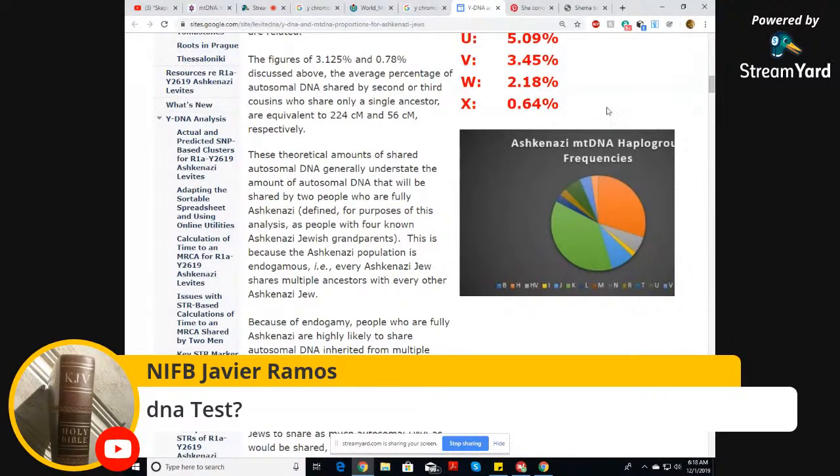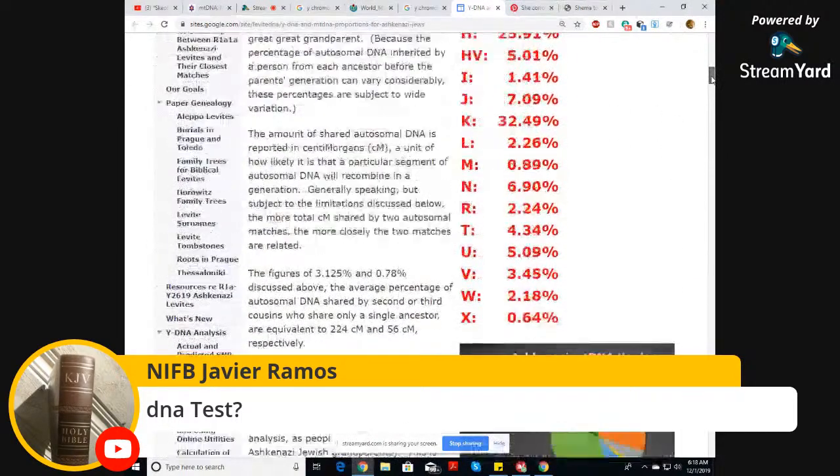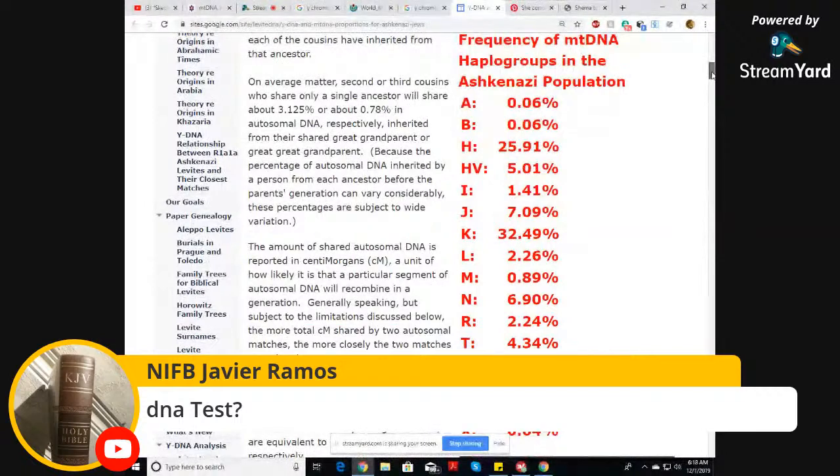Anyway, maybe it's right here. Okay, the K, the H, and the N and the J, the K, the H, the N, and the J, or the J and N. This is the mtDNA.